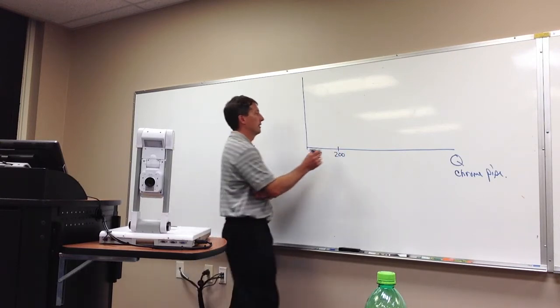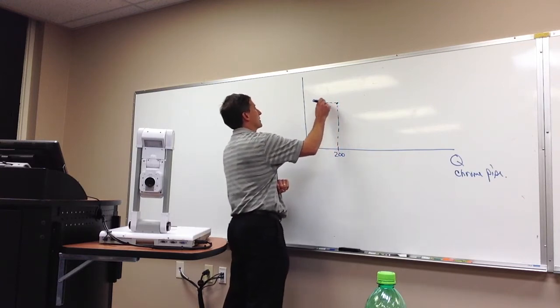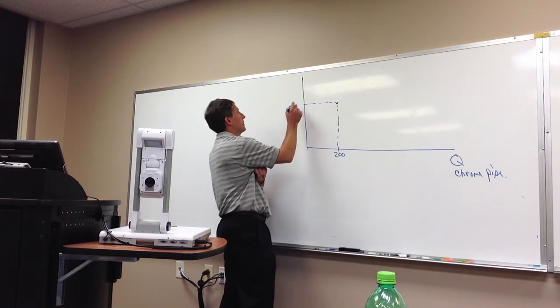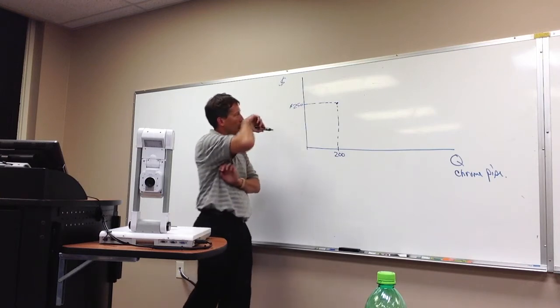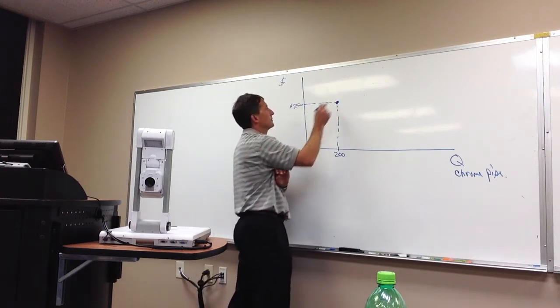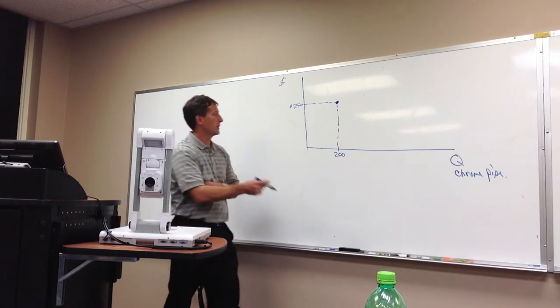And we found that the cost associated with each chrome pipe was running about $250. So that gave us a point here. And let's say that when we started off, that was pretty efficient.